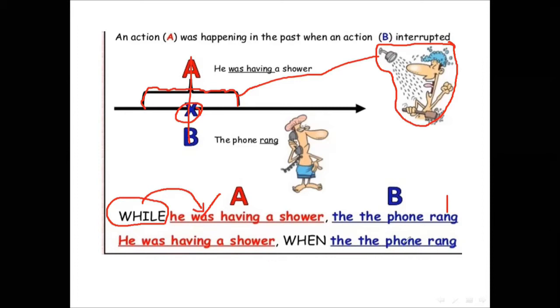It means that this short action, or past action, interrupted and stopped the long action, was having a shower. Now with "when" we can understand that this action interrupted the long action. Another thing is that with "when" we use the verb to. These are the main points you can find to differentiate between these sentences.